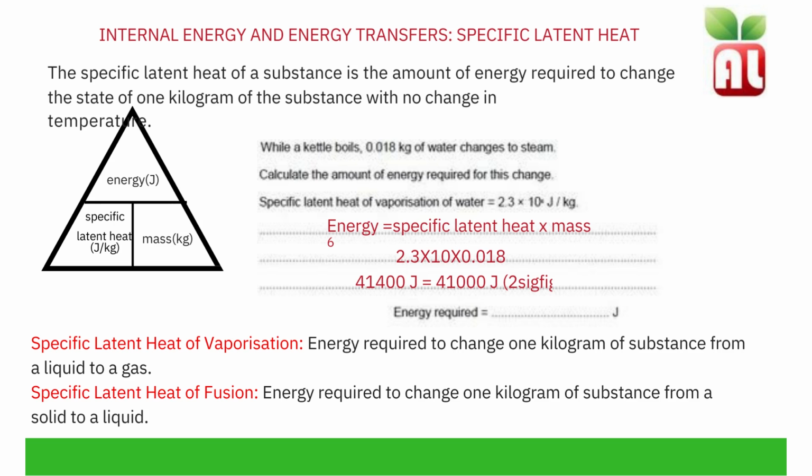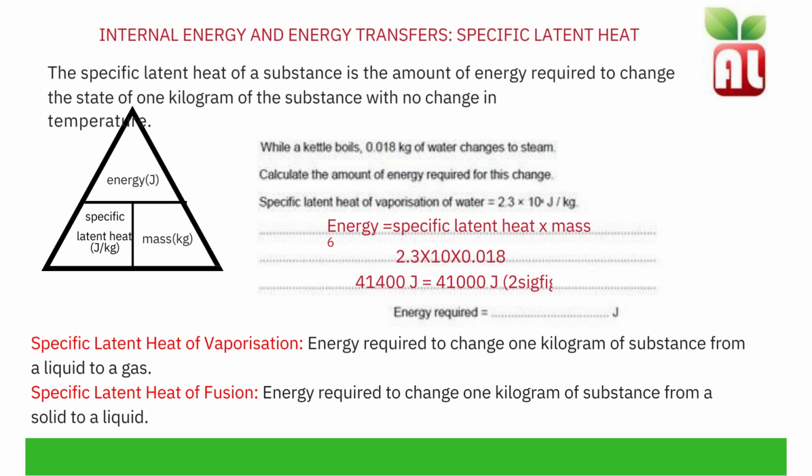If the question states that you have a combination of heating a substance and boiling it, you will be using specific heat capacity data alongside specific latent heat of vaporization data.